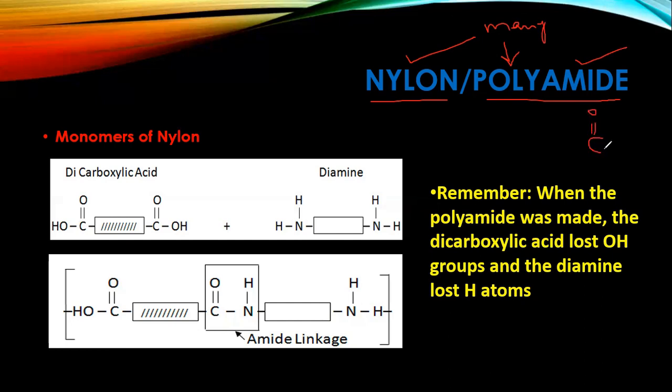This is the amide bond, or amide linkage, or amide functional group, whatever you call it. So a polyamide means this linkage will be repeated many times. That's why we call it the polyamide. So nylon has amide linkage. That's why we call nylon the polyamide.